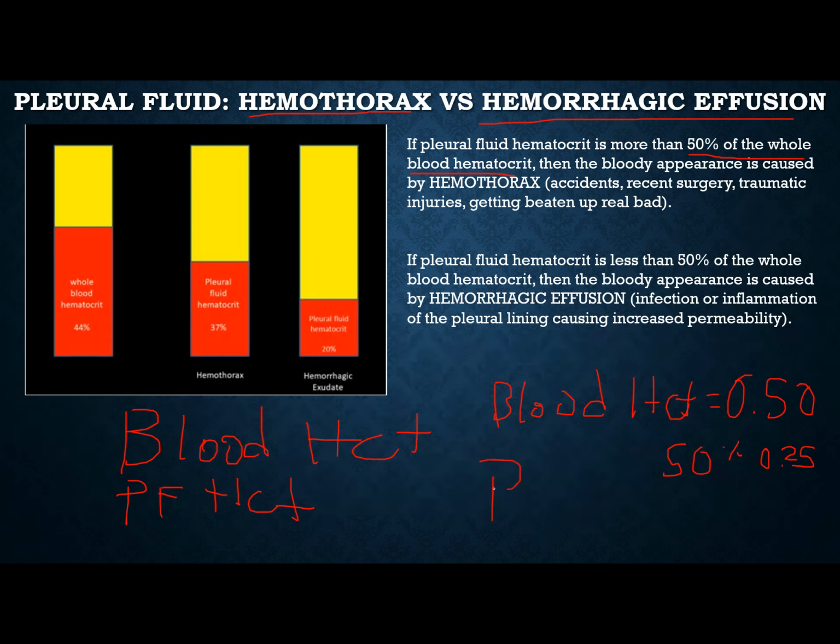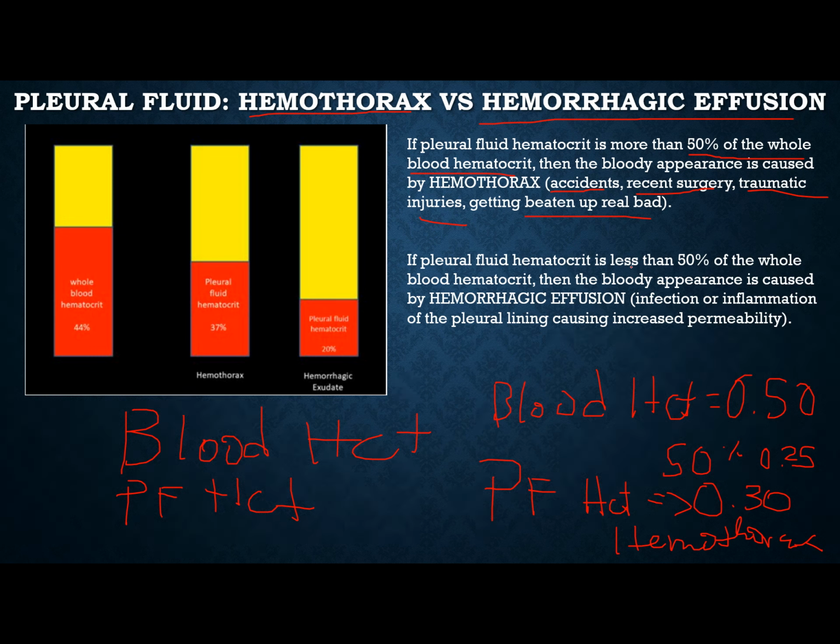If the pleural fluid hematocrit class is around, let's say, 0.30, 0.30 class is greater than 50% of your blood hematocrit. Therefore, this is a hemothorax.